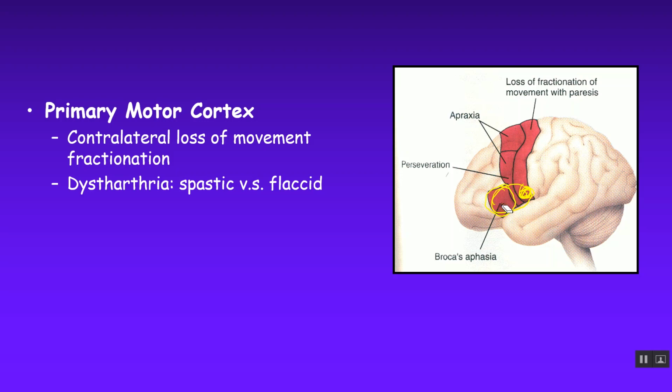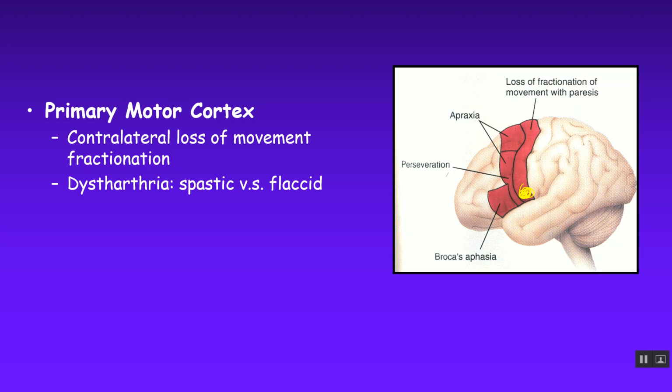If you don't damage that area and just damage the primary motor strip for your face and tongue, those cortical bulbar tracts that go down, you're going to have weakness on the opposite side, and weakness next to their lip. You'll see their lip drooping down, their tongue movement will be impaired, but they can plan. They know what they want to say, and you can tell they know what they want to say. It just comes out droopy and so forth.